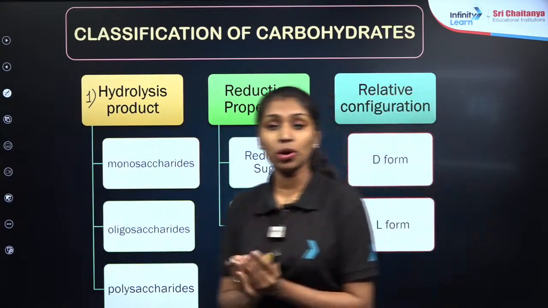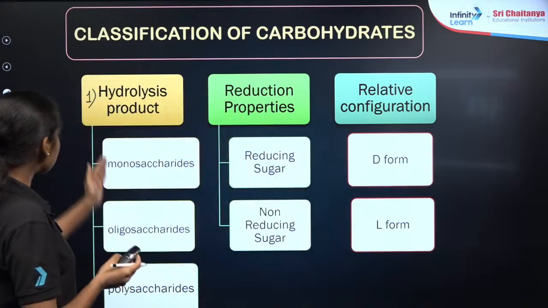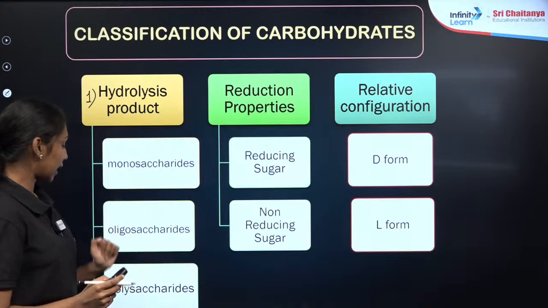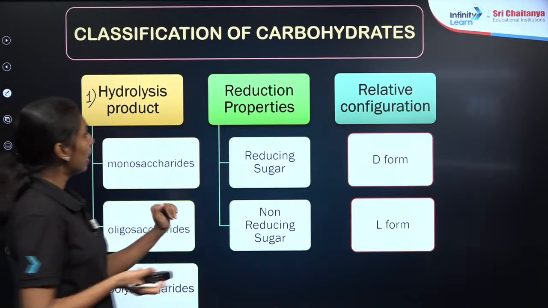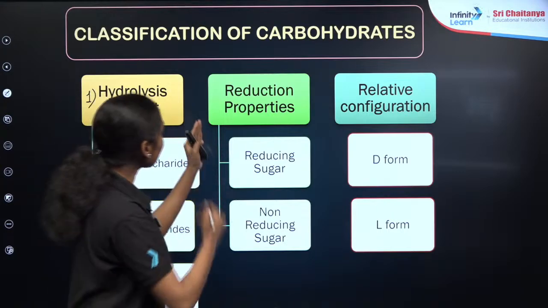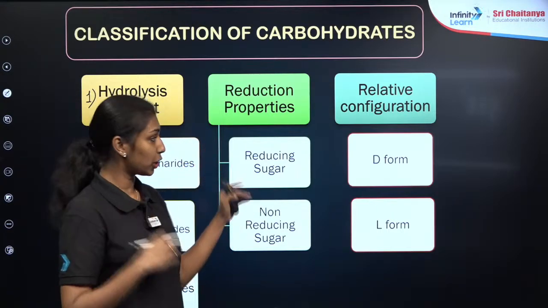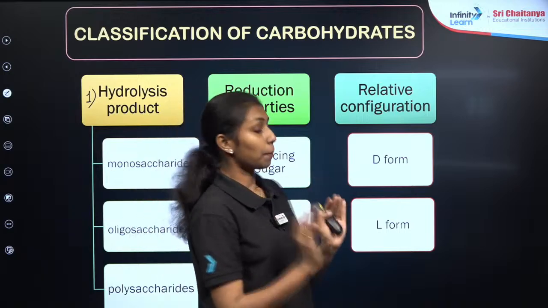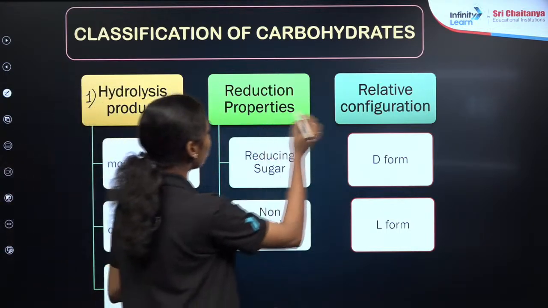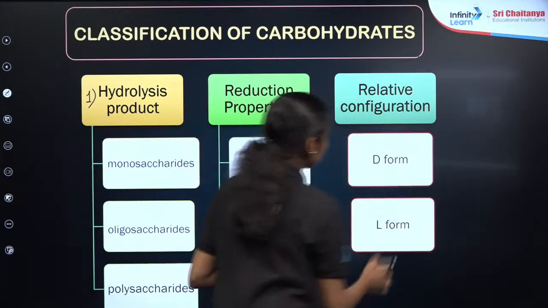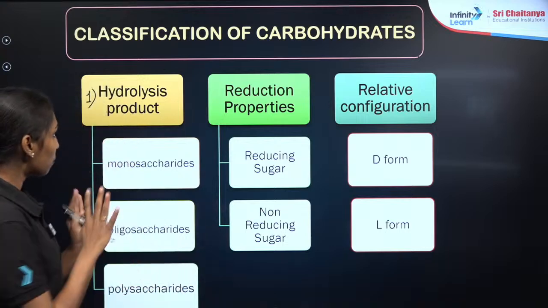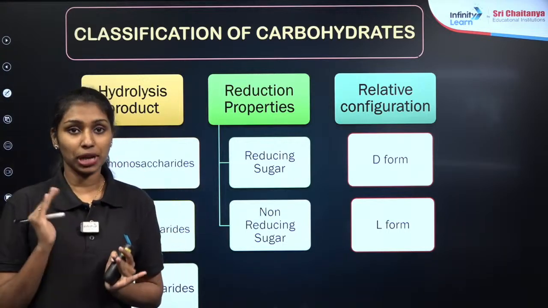We can classify the carbohydrates into three types: monosaccharides, oligosaccharides and polysaccharides. We will be discussing them in detail in the next slides. Then based on the reduction properties, it is classified into reducing sugar as well as non-reducing sugar. Then based on the structure or relative configuration, not only glucose but all the carbohydrates can be classified into D form and L form. This is just an introduction to the classification of carbohydrates.